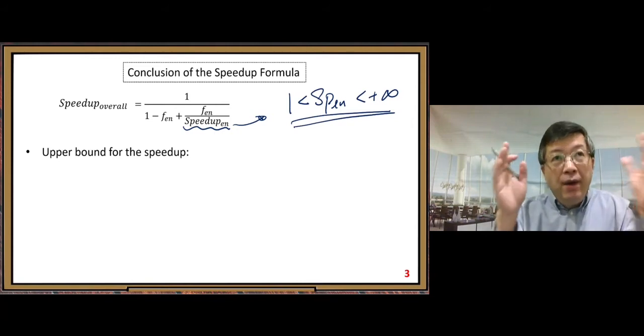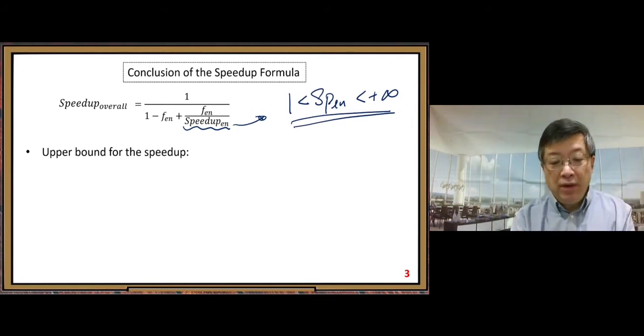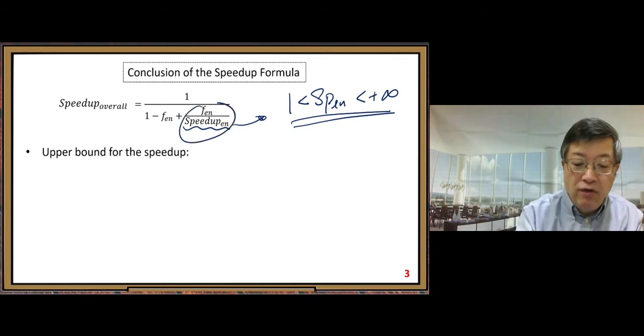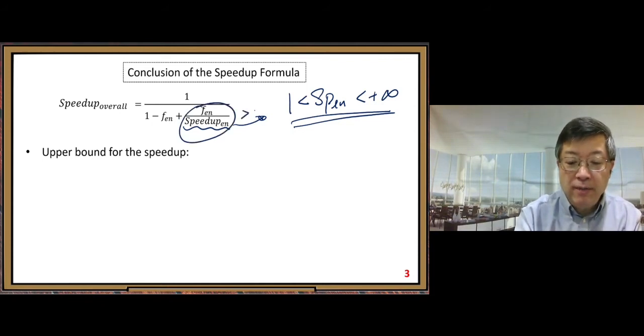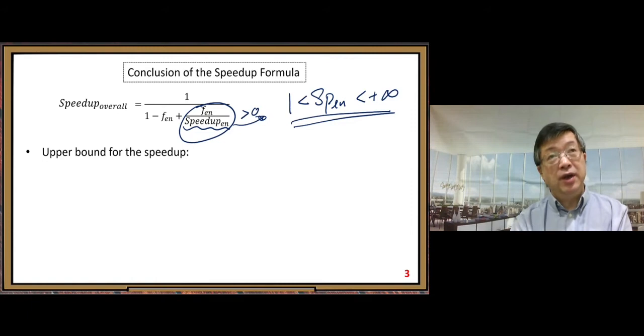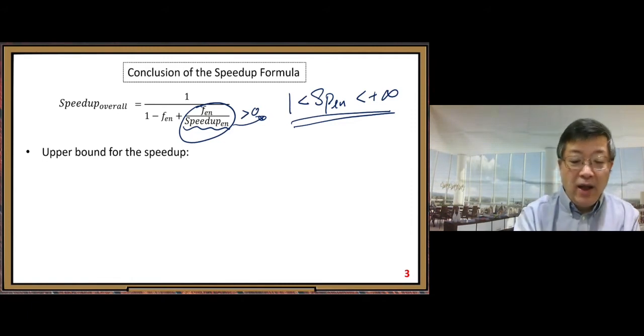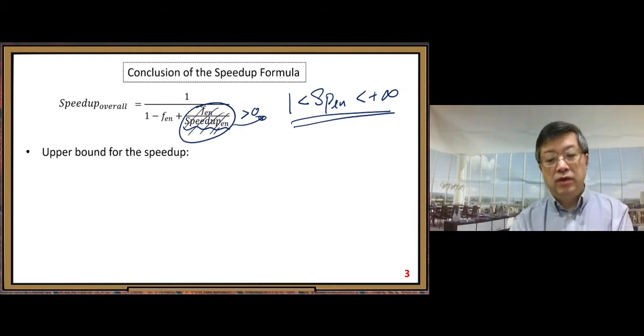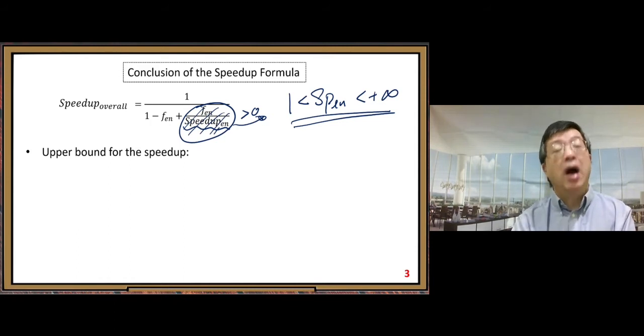Even if we do not know this local speed up, you can see this whole fraction is positive, right? It's greater than 0. So look at that. At the denominator, this term is a positive term. We do not know how large it is. We only know it is positive.